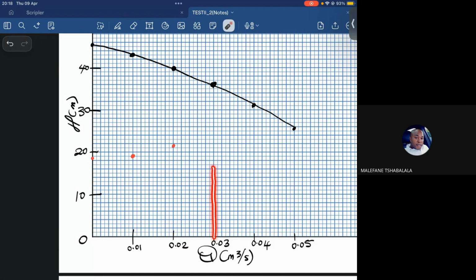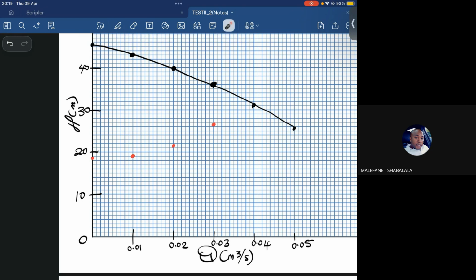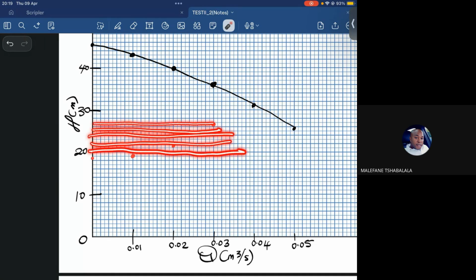So 26.6 is in between 26 and 27. 0.03 and 26 is here, and then this is 27, which means 20, 22, 24, then 26, then 27.